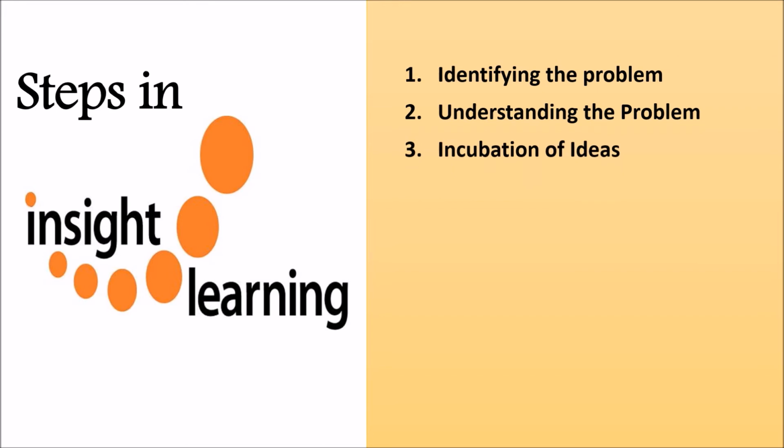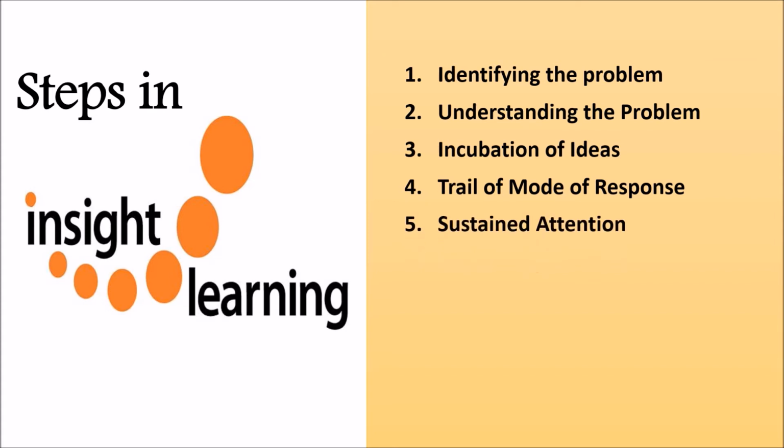After analyzing the total situation, he reaches its conclusion by means of hesitation, pause, concentrated attention, etc. Trial mode of response. The learner makes initial efforts in the form of simple trial and error mechanism. Sustained attention. The learner maintains frequent, recurrent attention to the goal and motivation.